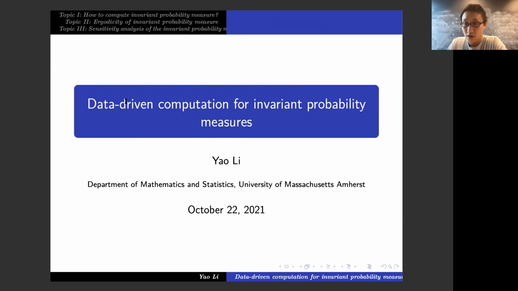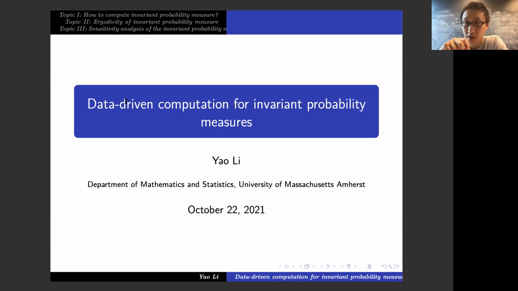So as Ming-Lang said, my research field is dynamical systems and applied probability. I'm relatively new to the field of machine learning, but recently I'm spending lots of time on that. I'm very interested in the interplay between data and dynamics. So it's actually two directions. One is how a modern machine learning technique could help us solve classical problems in either probability or dynamical systems, which is essentially what I'm talking about today.